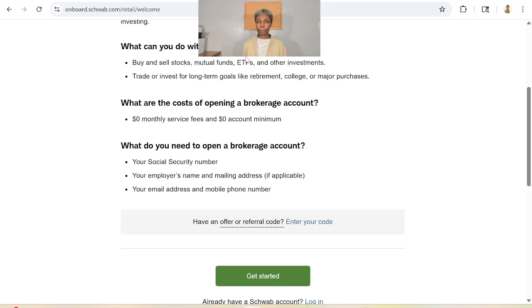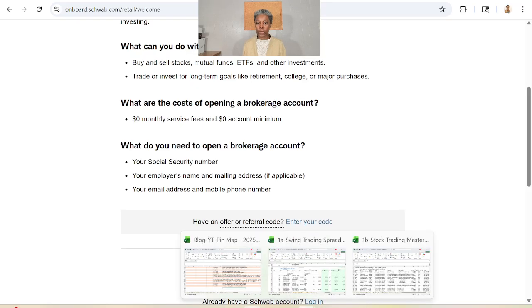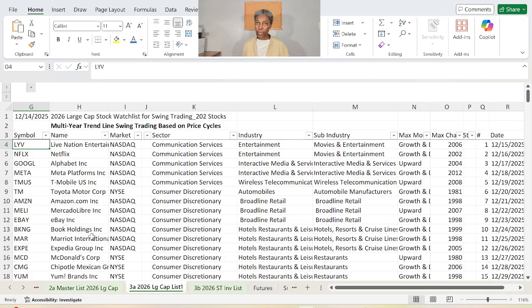But now that you have your account, you look at your watch list of stocks to see a stock that is positioned well for you to buy now, and how much it is selling at, if you can afford to buy it.